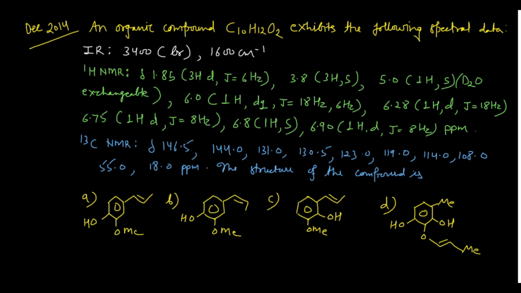And proton NMR: 3 proton doublet, 3 proton singlet, 1 proton singlet D2O exchangeable, of course it would be OH, then 1 proton doublet, quartet of doublet, complex splitting, and J equals 18.